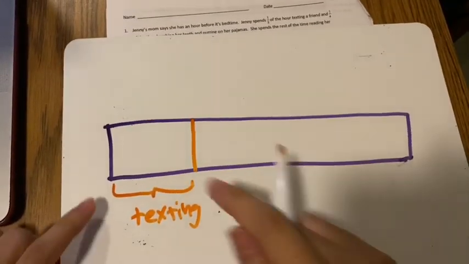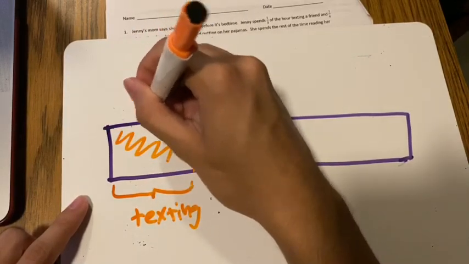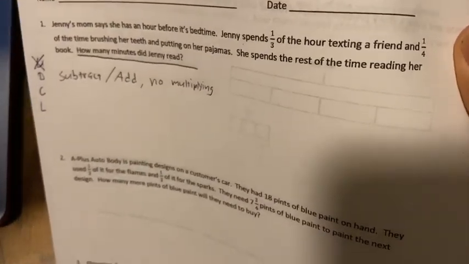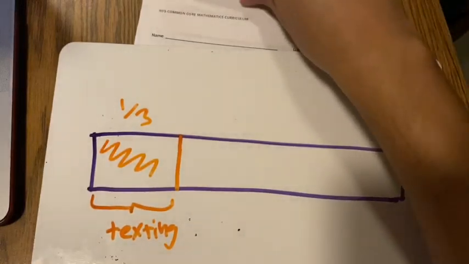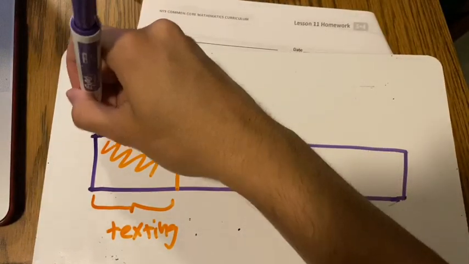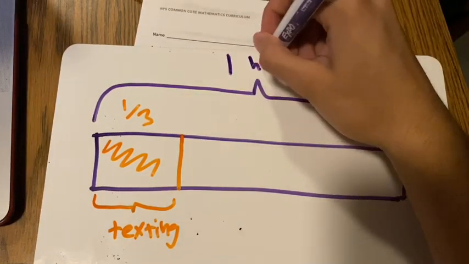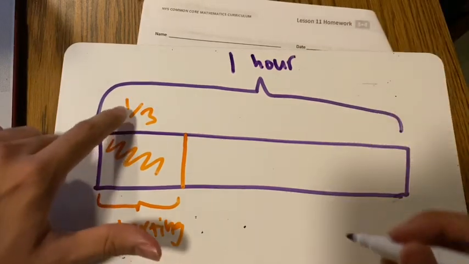All right, so she spent this much time texting, a third of it, 1/3. Remember, it says that Jenny spent a third of her hour. So that means this whole tape diagram right here is 1 whole hour, right? 1 hour. And this is a third of an hour.